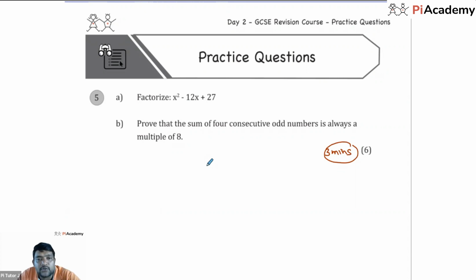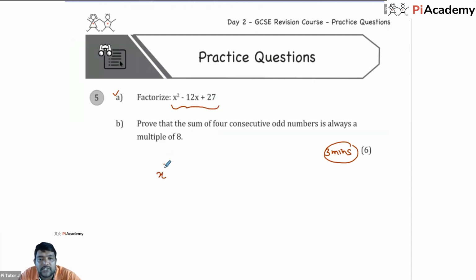Done. Good. Oh, you've done the second one as well? Please go ahead, try the second one as well. Let's first finish the first one and then go to the second one. I hope you guys finished the first one.